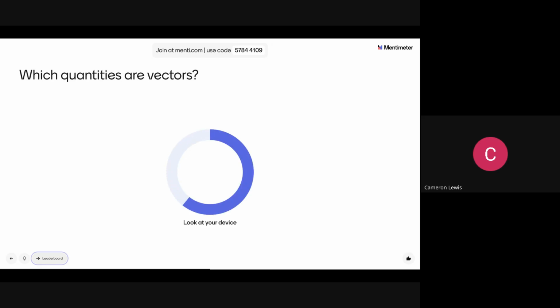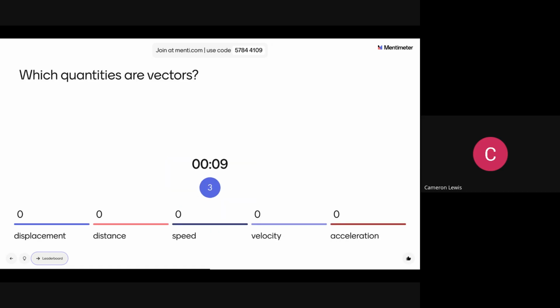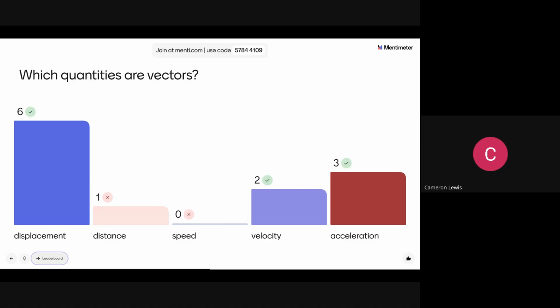Which quantities are the vectors? Between distance, displacement, speed, velocity, and acceleration, which ones are the vectors? All right, almost 100%. So we got our three vectors, which would be displacement, velocity, and acceleration. Why are they vectors? Because they all require magnitude and a direction.